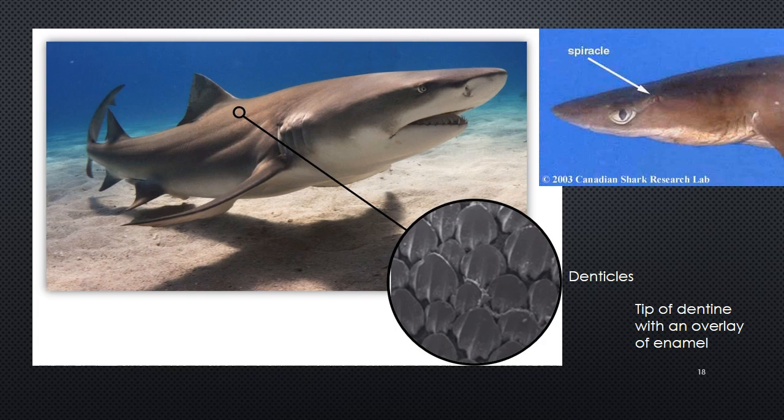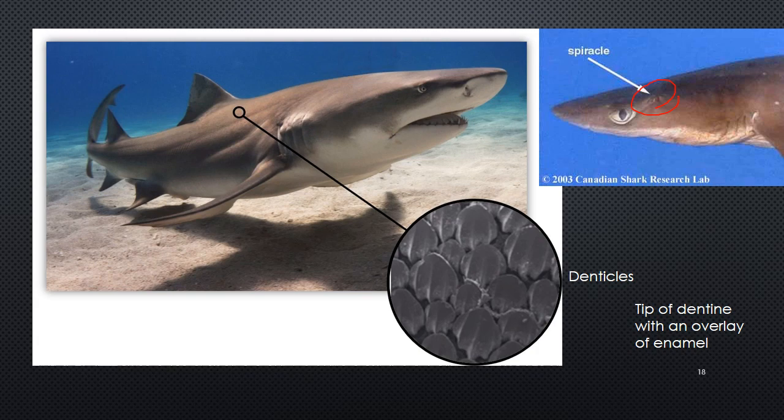In this other picture up to the right, you'll see the spiracles. Like we said, they are right behind the eyes of the shark. And what that allows for is when sharks tend to rest, they don't sleep on the bottom like people think. They need to constantly be in motion because they do not have a swim bladder.